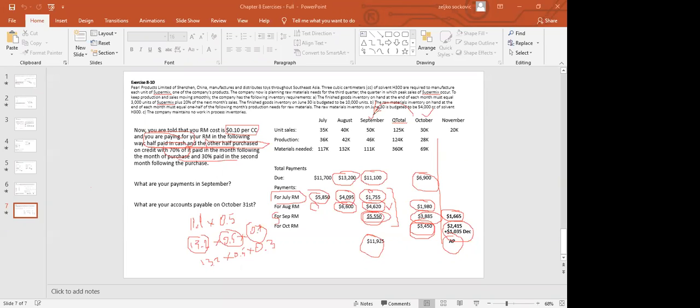And then again, just to be safe, you can go another month back and say, okay, half of August I will pay in August. 70% of the other half I will pay in September, and 30% of the other half I will pay in October. So that's not accounts payable. So only these here are accounts payable at the end of October. Again, it's the reverse situation, but the same idea as when you're collecting your money.